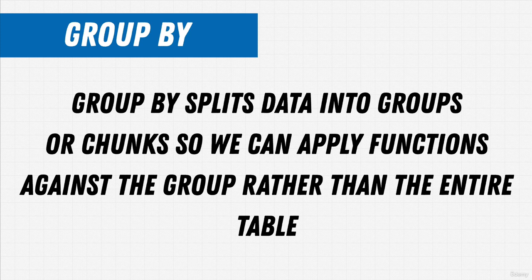Because as you remember, when we ran functions, we were running functions to get a single answer, a single return value. If we counted employee number, we get the total number of employee numbers. So group by allows us to chunk the data into groups so we can apply the function against a group.